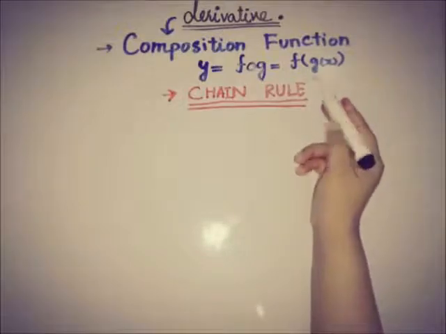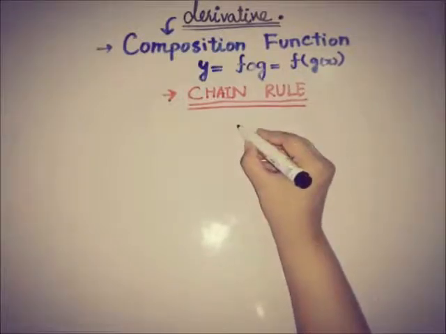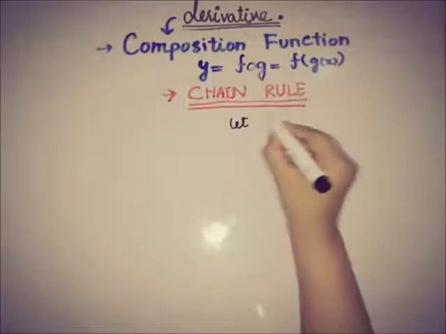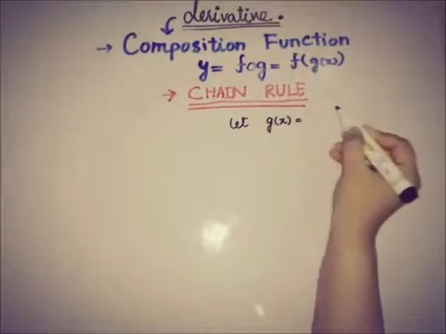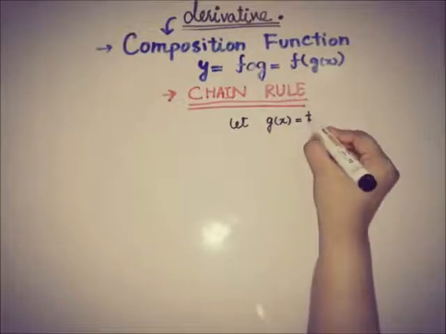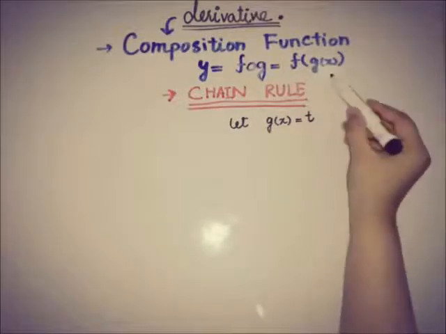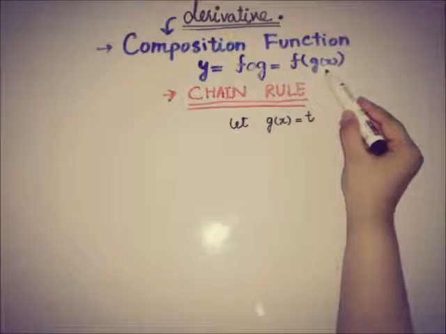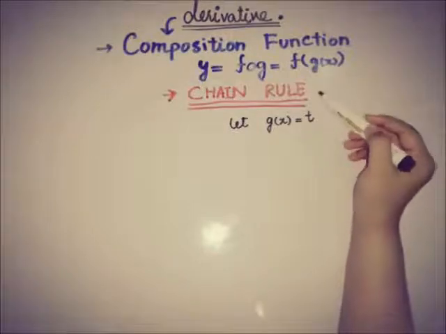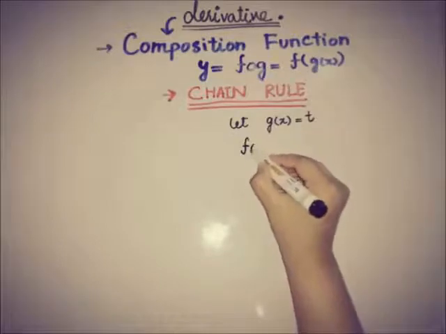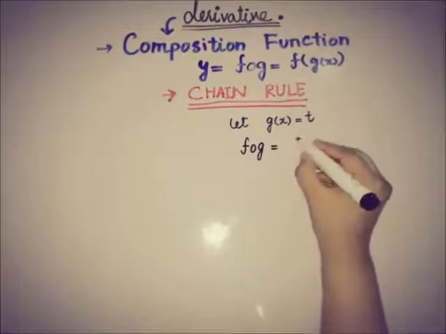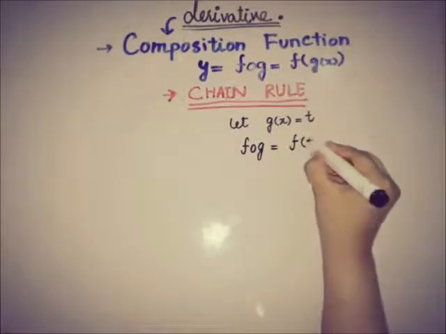Now, talking about the chain rule, the chain rule says that in the case of the composition functions, if we let g of x equal to some other variable, let's say t, then the composition function f of g becomes f of t.